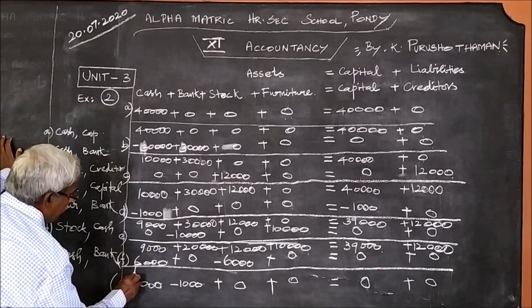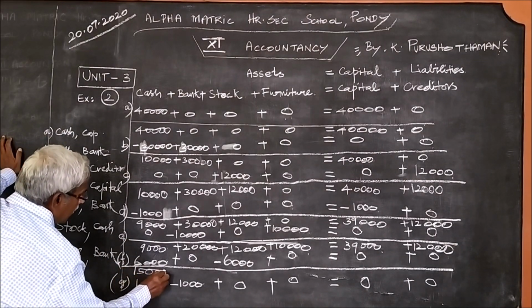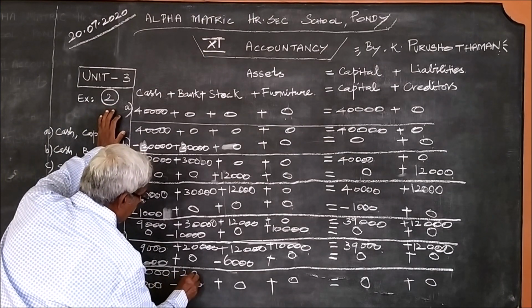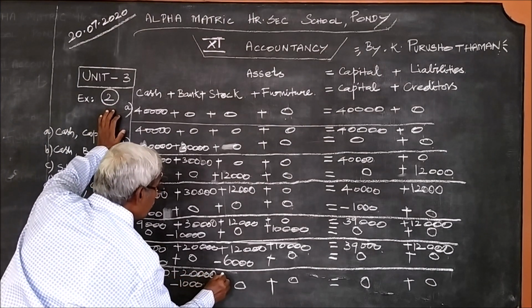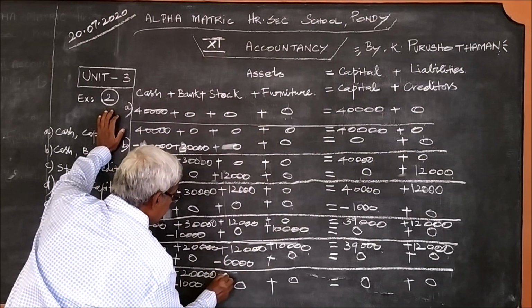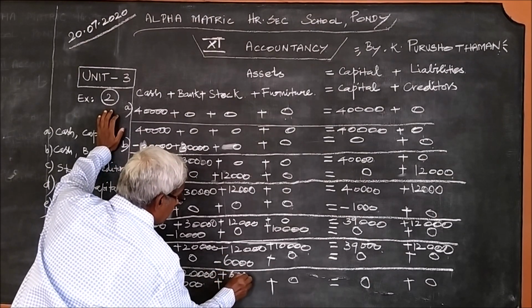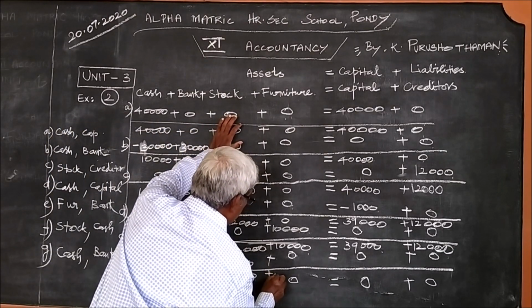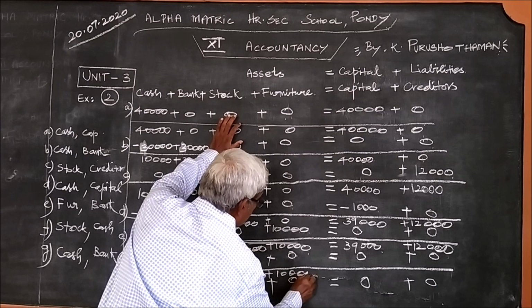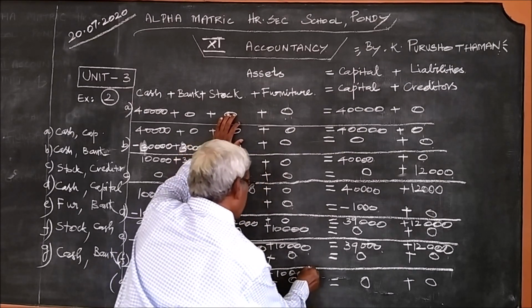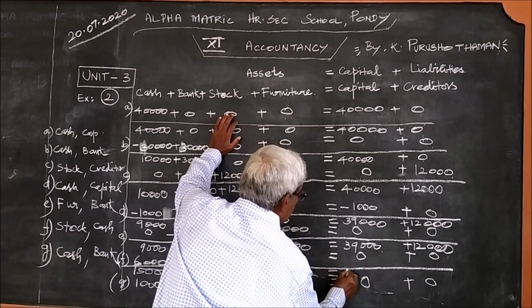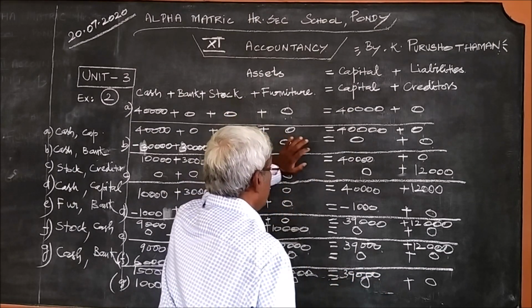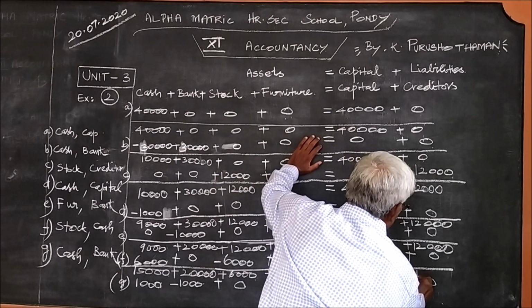9,000 plus 6,000, 15,000. 20,000 plus 0, 20,000. 12,000 minus 6,000, 6,000. 10,000 plus 0, 10,000. 39,000 plus 0, 39,000. 12,000 plus 0, 12,000.